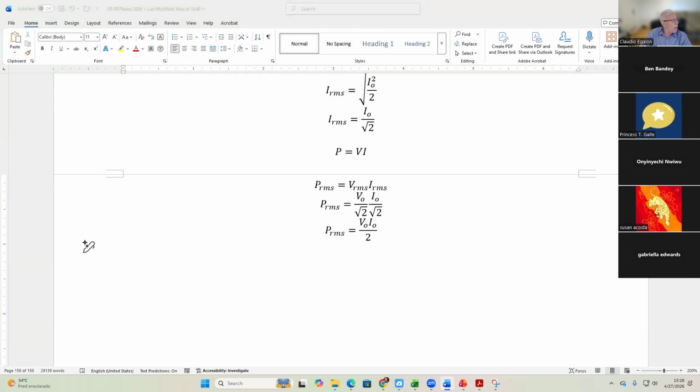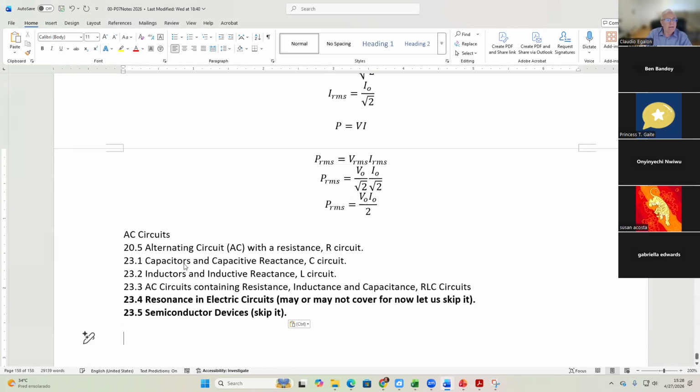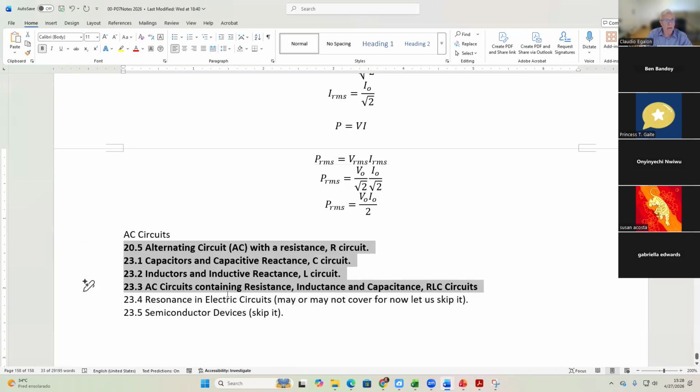Okay. And now we completed everything that I wanted to cover in chapter 23, including that section 20 that we skipped, right? Here you go. We did all of that here: alternating circuit with the resistance R, capacitor and capacitive reactance, inductive reactance, the RLC circuit.